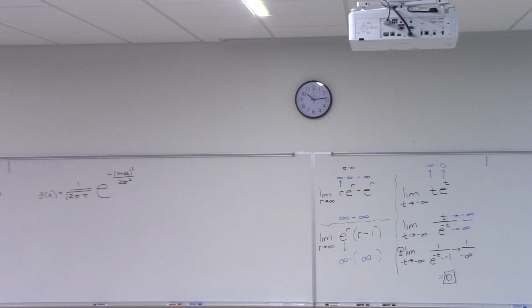I don't know why it didn't do square root. Let me try this again. SQRT. There we go. 2s times pi.